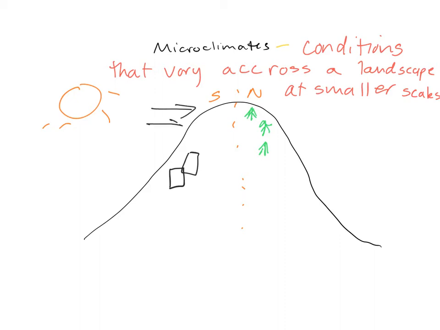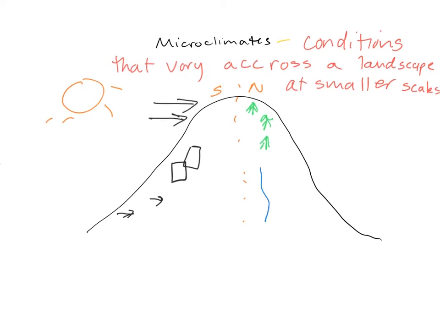Wind might be higher at the top than at the bottom as it's more exposed. You may also have differences in water availability. So we call areas next to the water riparian habitats. You'll have differences in soil and moisture, all those things along the streams and rivers.